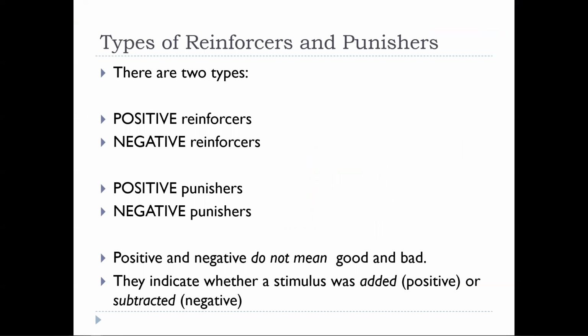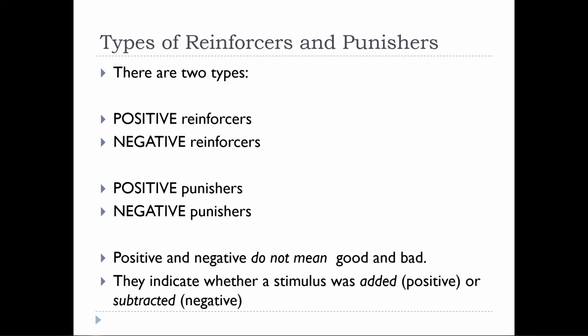There are two major types. There's positive reinforcement, negative reinforcement, positive punishment, and negative punishment. So you have both the differentiation between reinforcement and punishment, as well as positive and negative. Importantly, and it's quite critical, that positive and negative do not necessarily mean good and bad.